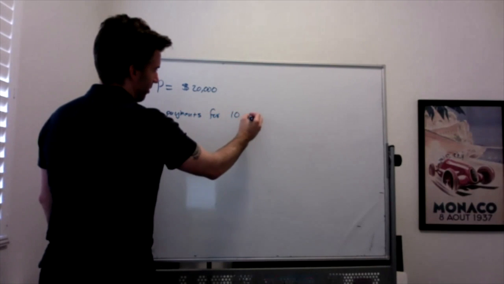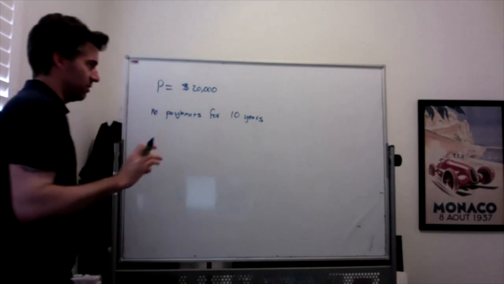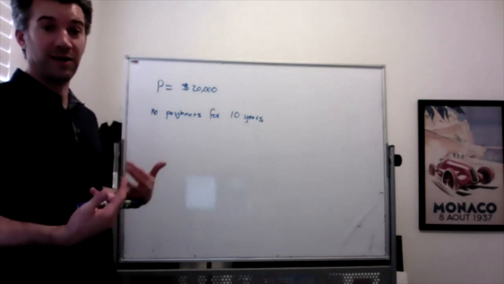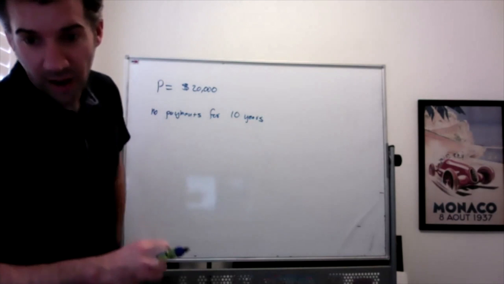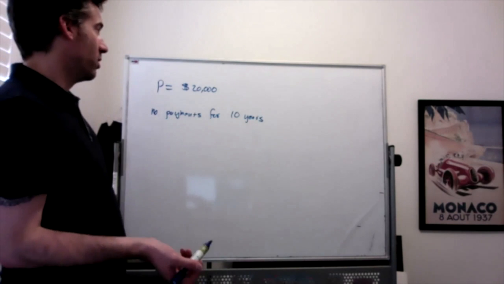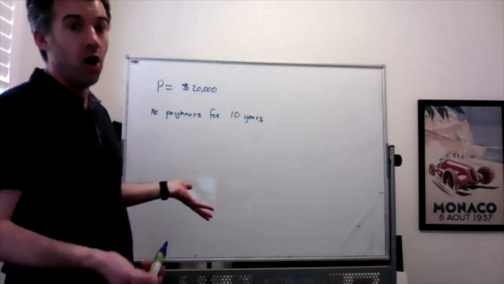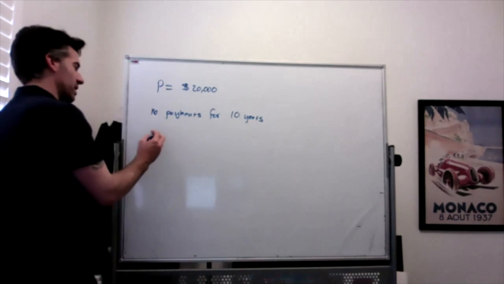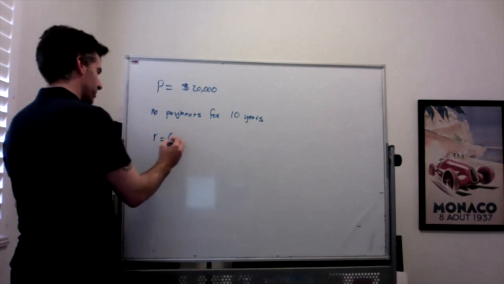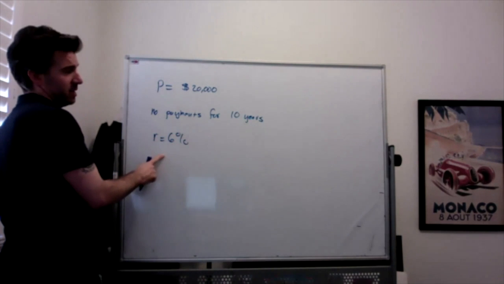We want to start paying our loans back sooner rather than later so that the amount doesn't grow like it's about to in this example. How much money will we owe at the end of these 10 years if we were charged a 6% interest rate? First of all, we're going to write 6% as 0.06.